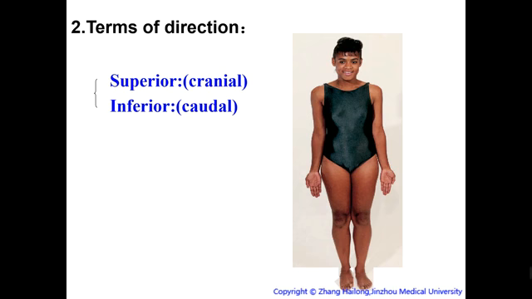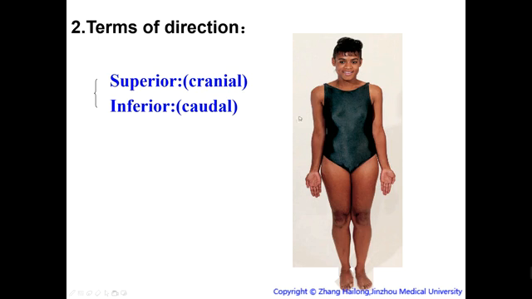This one is our tail. And human beings can stand up and walk, which is the difference from other animals. Other animals, for example the dog and the cow, walk on four limbs, so the tail is on the back, on the inferior part. So another name for inferior is caudal.